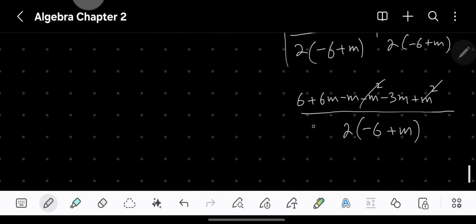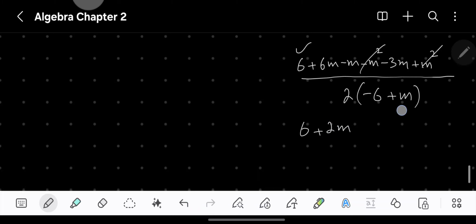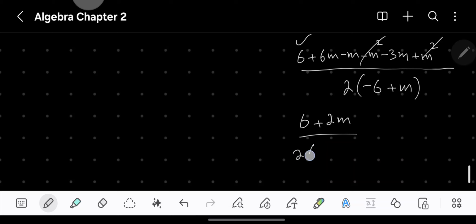And then I will write this 6 plus 6m minus m is 5m, and this is 5m, this is minus 3m. So 5 minus 3 is 2m. I will write 2m over 2 times minus 6 plus m.